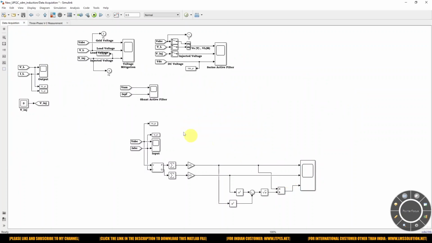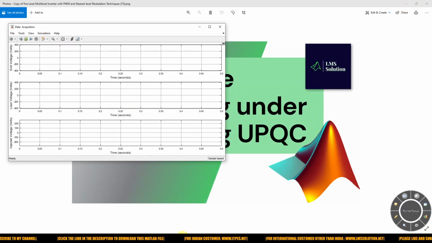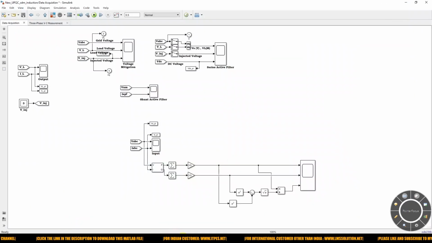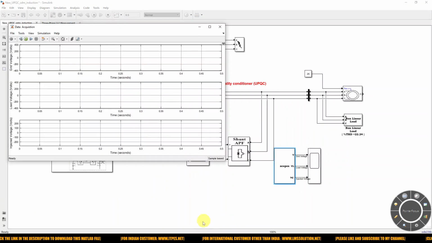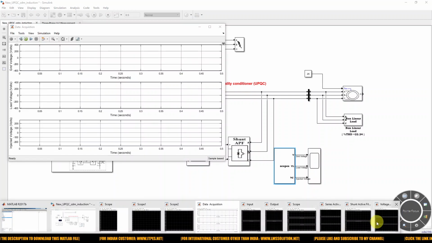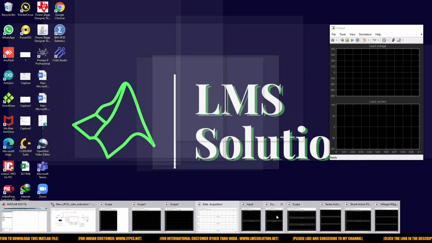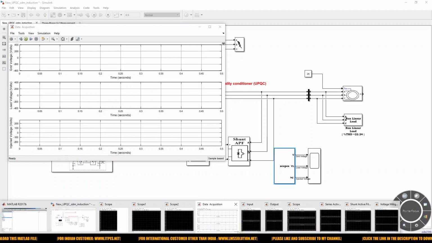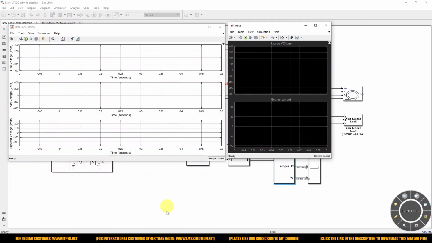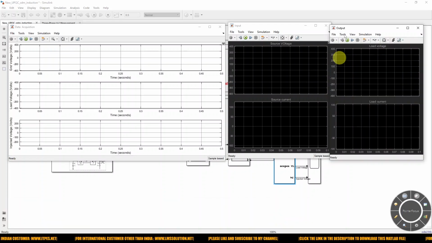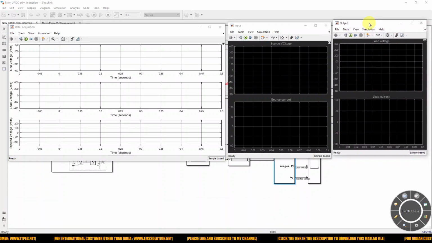And also you have to see the load current. Here we have to see the input, that means source voltage and source current, and output voltage and load current.